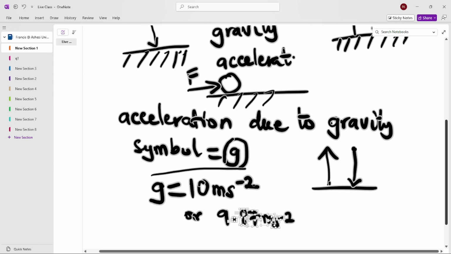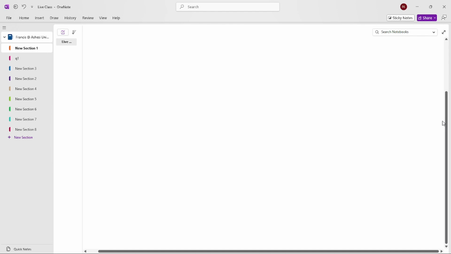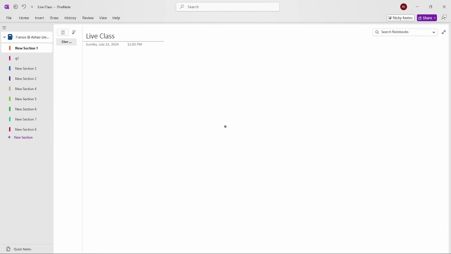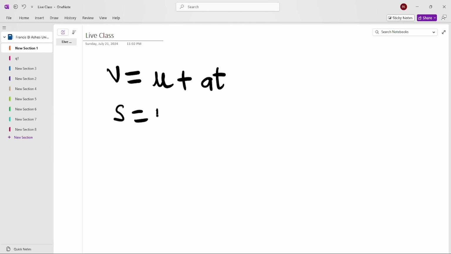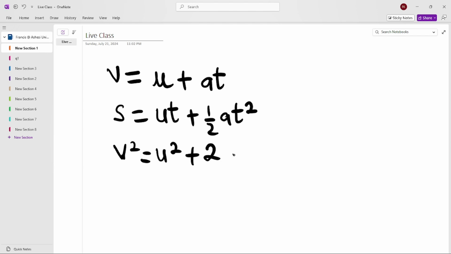Now let's revisit all the equations of motion that we had. The equations of motion again: we have v equals u plus at, s is equal to ut plus half at squared, and v squared is equal to u squared plus 2as.